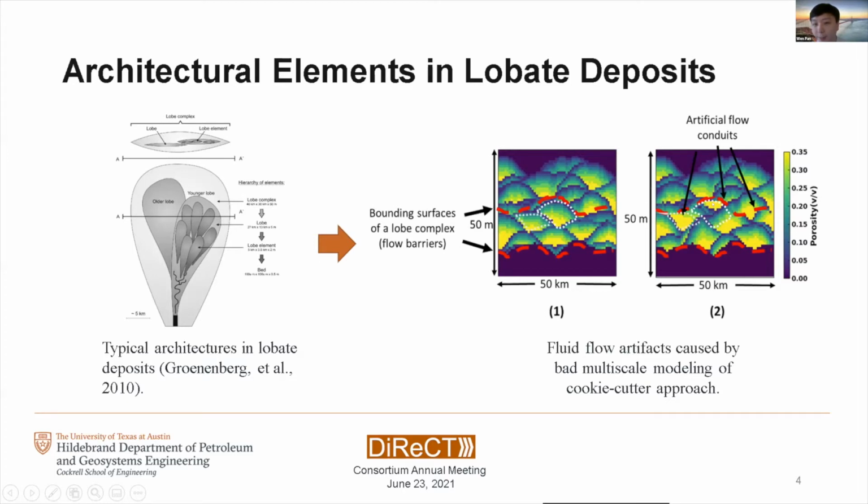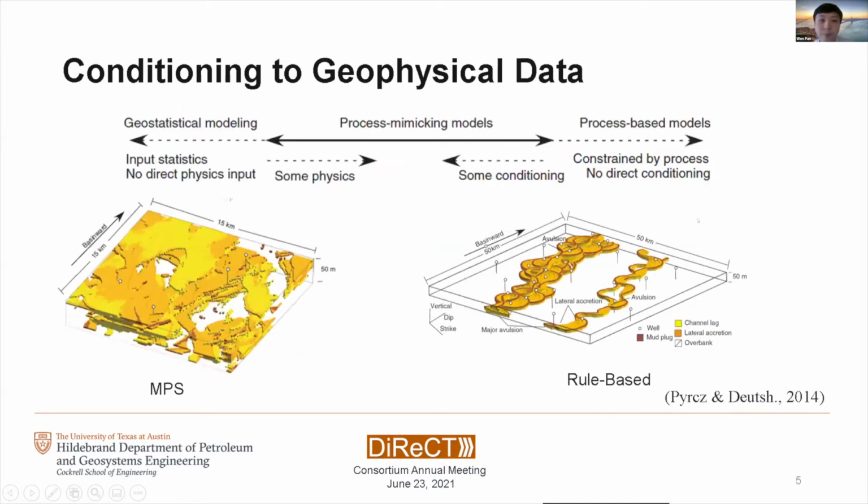For example, here we can see that there is a kind of flow conduits, but that is actually artifacts. And also, as I mentioned, we have to condition our reservoir models to our geophysical or petrophysical interpretations. However, as it shows here, as we go to the more process-based modeling approach, it becomes more difficult to constrain our model with the geophysical or petrophysical interpretation.